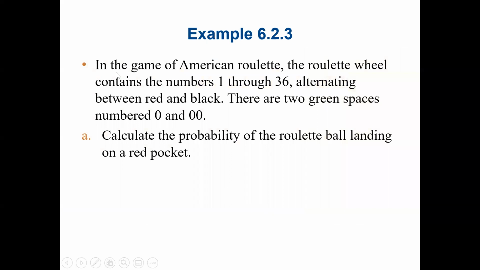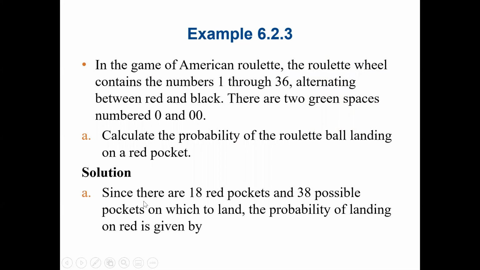So let's see an example. In the game of American roulette, the roulette wheel contains the numbers 1 through 36, alternating between red and black. There are two green spaces numbered 0 and 00. First, we should calculate the probability of the roulette ball landing on a red pocket.